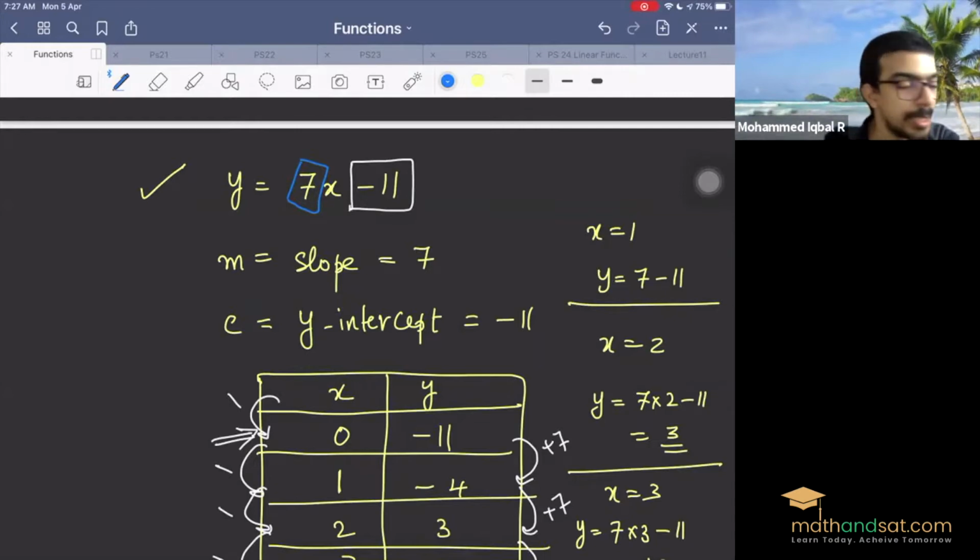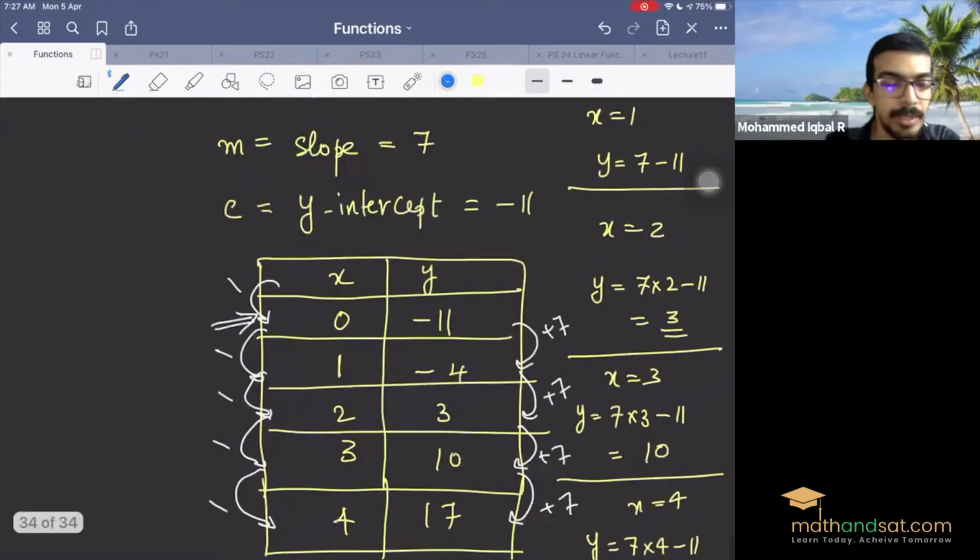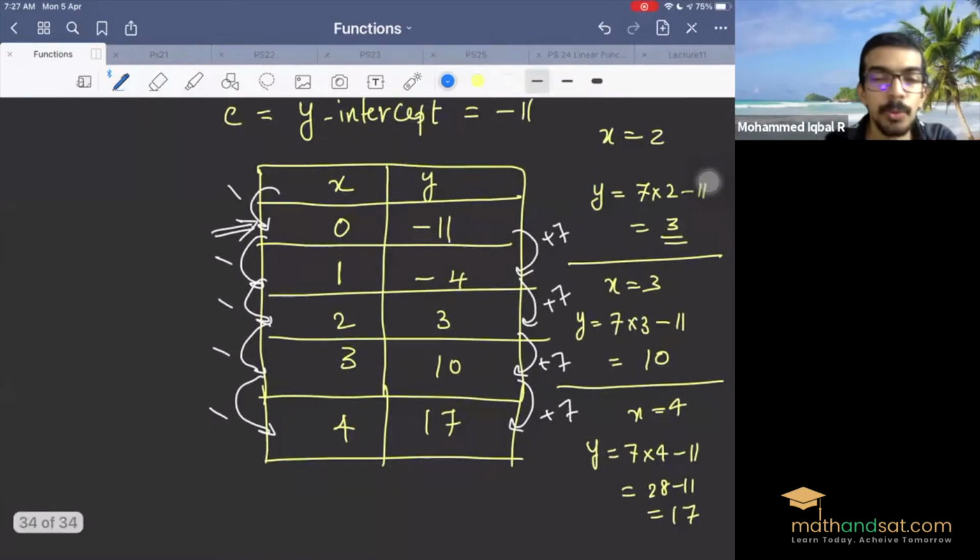Is that all right? So your m is nothing but the change in y value when you make the change in x value as 1. Is that clear?